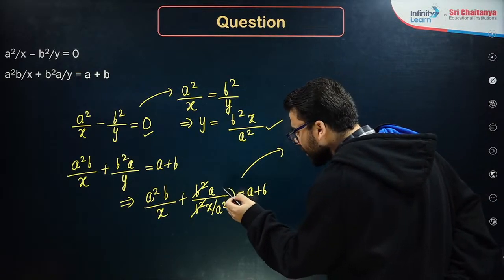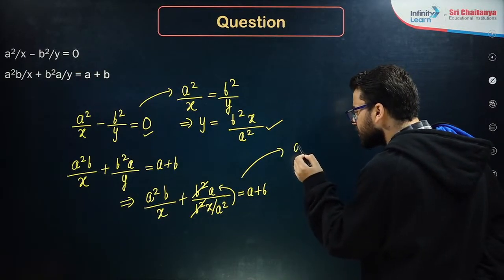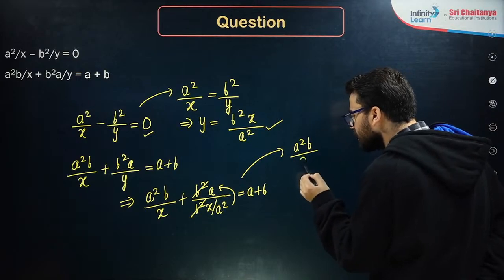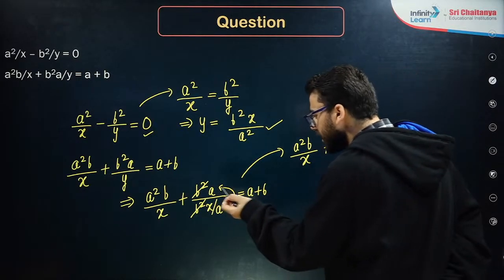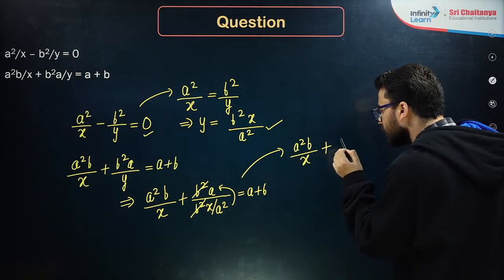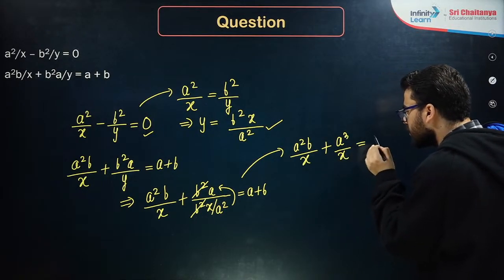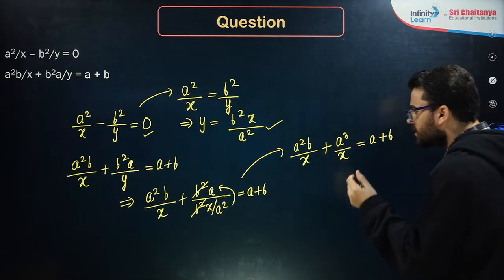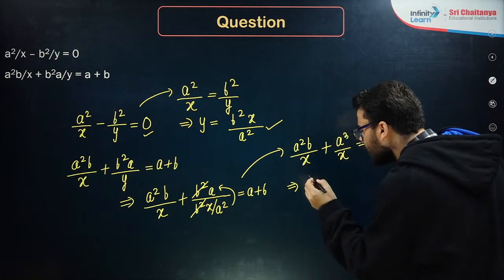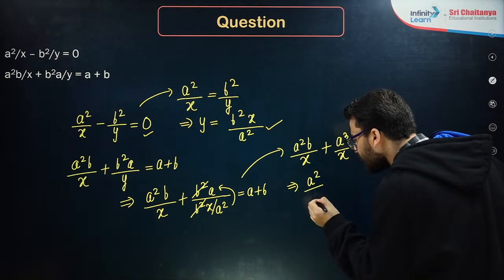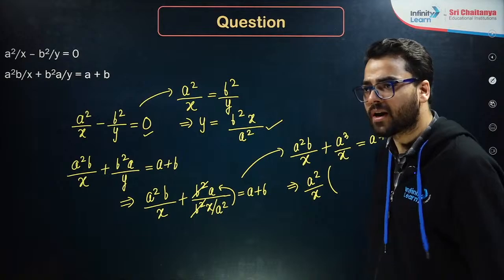This will go in the numerator. So you will get a square b upon x plus a cube upon x, and that is equal to a plus b. So obviously you can simplify. Can I take a square upon x as common, guys?